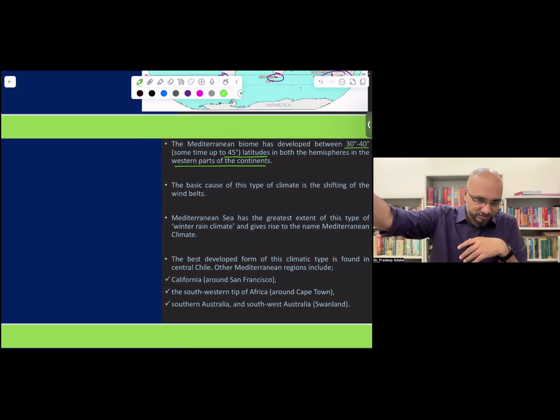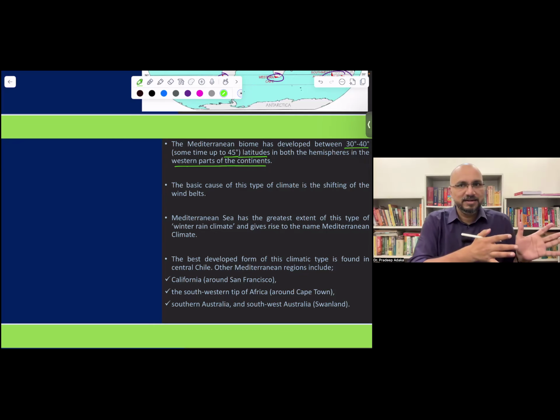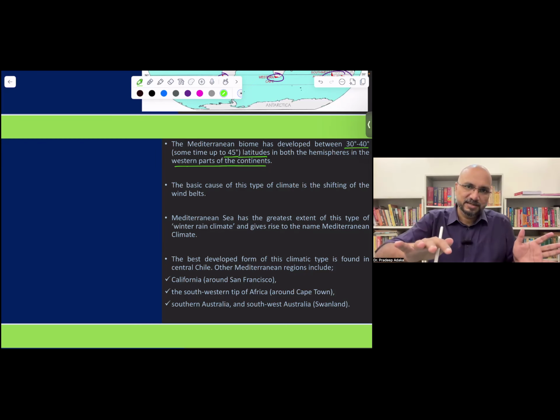When they blow from oceans towards the continents, they bring moisture, and most of the rainfall happens on the eastern parts, in the coastal regions and some in the interior.